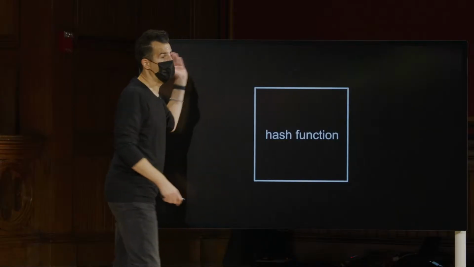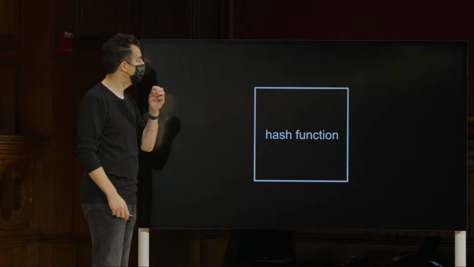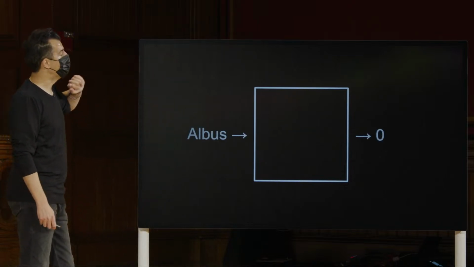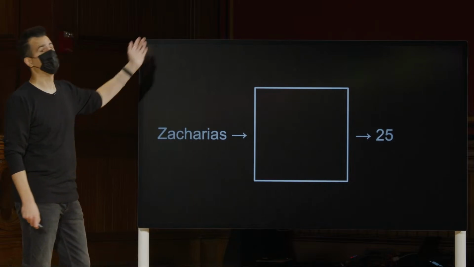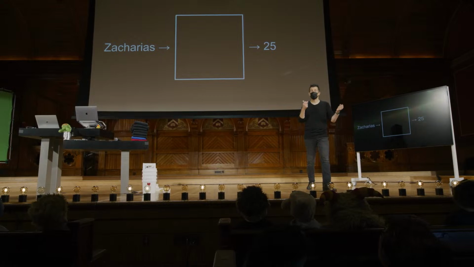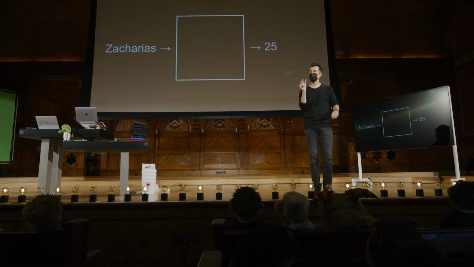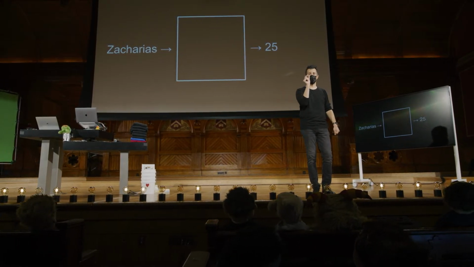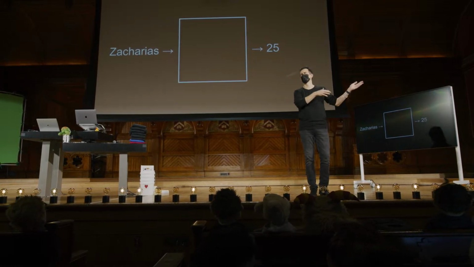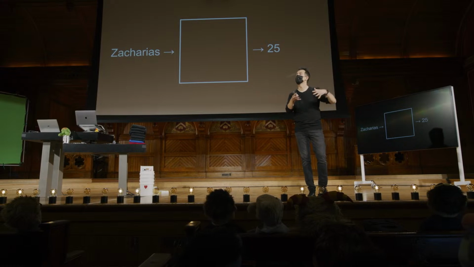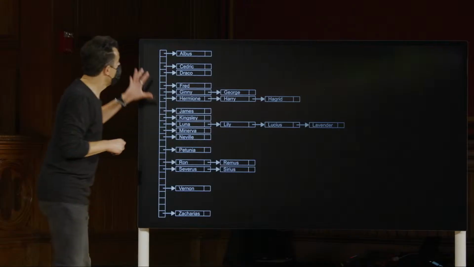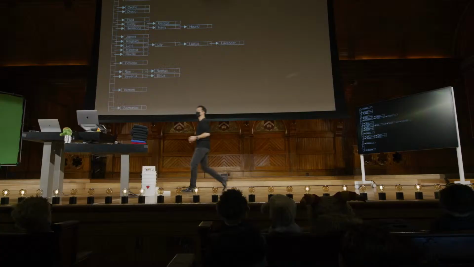It's going to just tell you where to put that input at a specific location. So for instance, Albus, according to the story thus far, gave me back 0 as output. Zacharias gave me 25. So the hash function in the middle of that black box is pretty simplistic in this story. It's just looking at the ASCII value, it seems, of the first letter in their name, and then subtracting off what capital A is, 65. So like doing some math to get back a number between 0 and 25. So that's how we got to this point in the story.